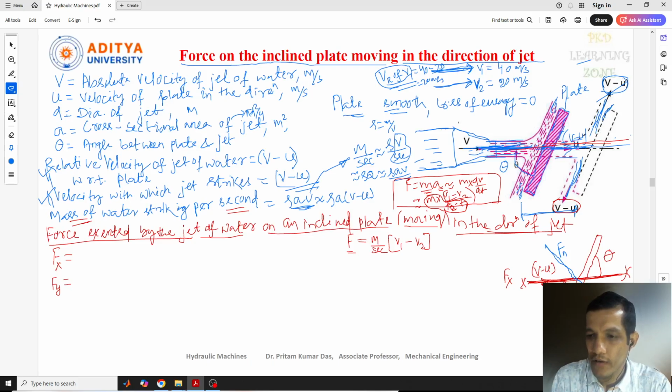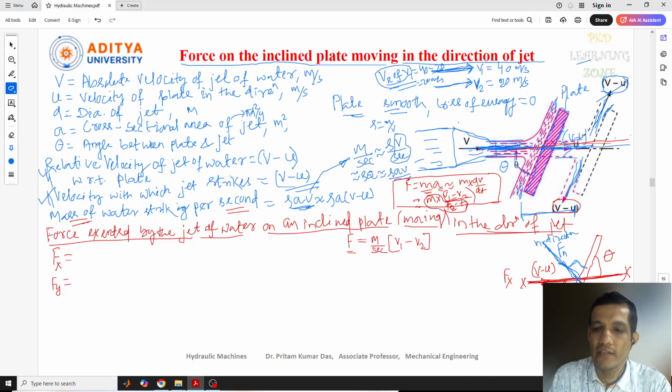So this is Fn, and suppose this is the n direction. So this force is acting in the n direction here, because this was the x direction we had taken, and now we are considering this as the n direction. So the impact of force on this plate, we can see this is normal now.